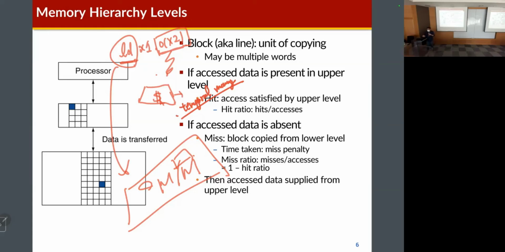Which means that when this load instruction accesses the cache memory, it can be possible that the required data is not found inside the cache. Do you understand?